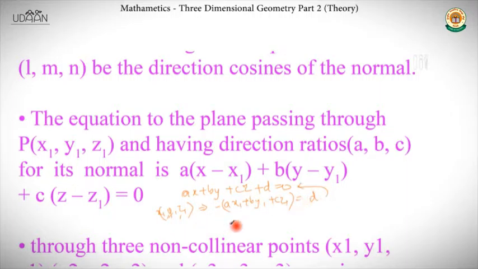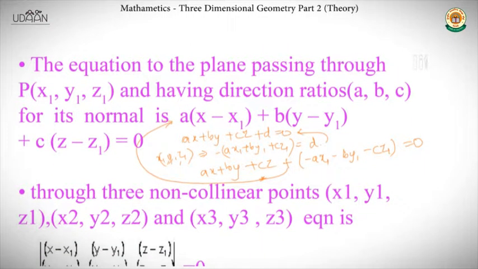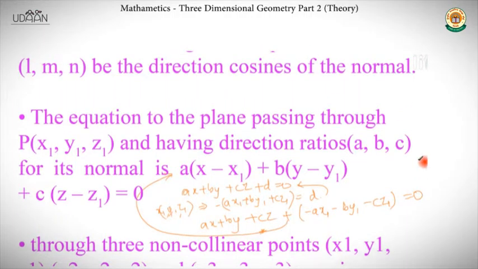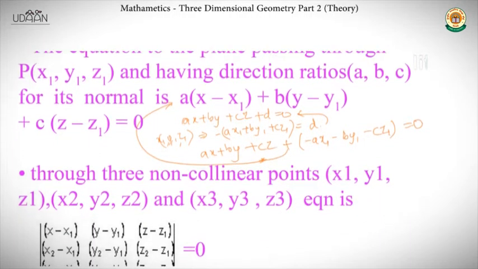Putting this here, we will get ax plus by plus cz minus ax1 minus by1 minus cz1 equal to 0. This would give this equation. Hence we can find the equation of a plane passing through a point and with direction ratios of its normal given.